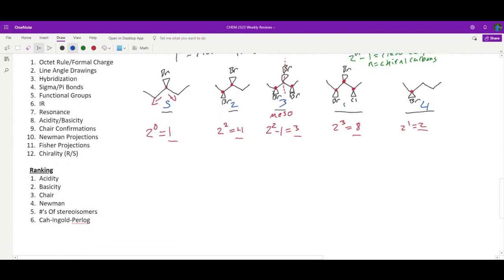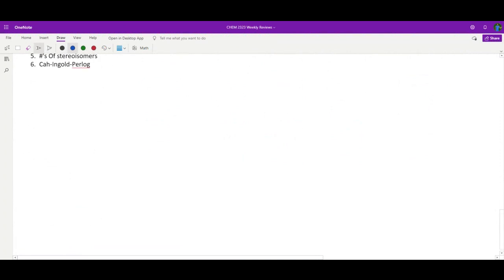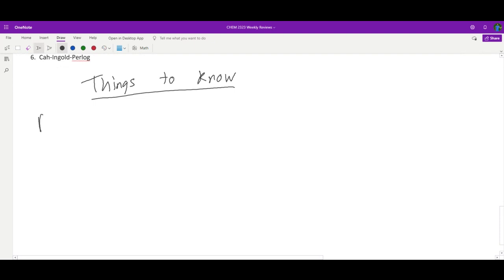Okay. So some things to know, not necessarily to memorize. This is not in any particular order, so I'm just going to write them as I remember.